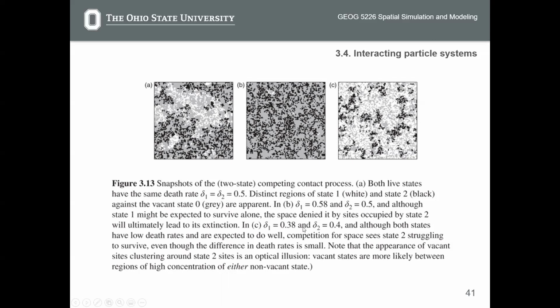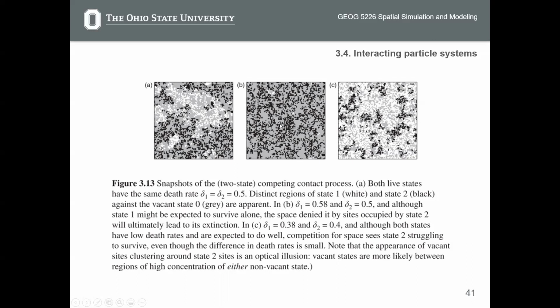So in B, the death rate of white, delta 1, is slightly higher than the death rate of 2. It's only a difference of 0.08.